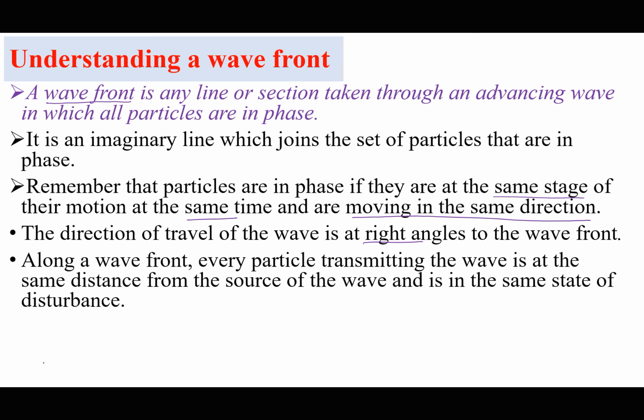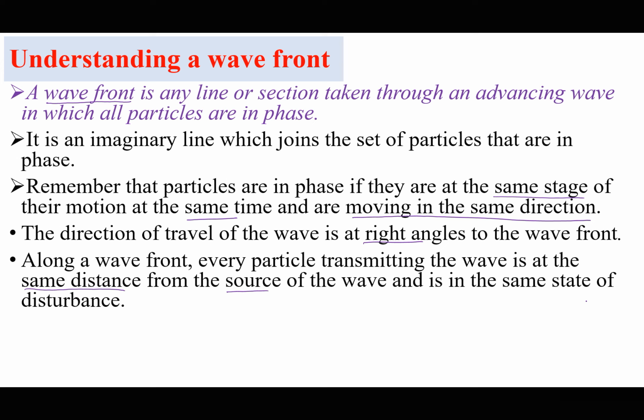Along a wavefront, every particle transmitting the wave is at the same distance from the source of the wave and is in the same state of disturbance, as we are going to demonstrate with animations. So along a wavefront, every particle transmitting the wave or the wave energy is at the same distance from the source of the wave and is in the same state of disturbance.